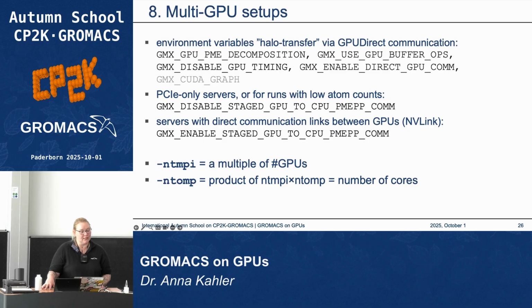NVLink means a connection between the GPUs that is even faster than PCIe only. So if we use these settings, you can see on the slides, you can also increase performance again.